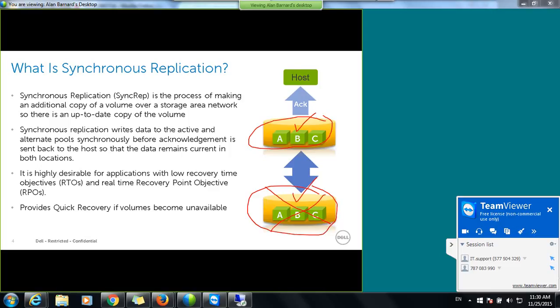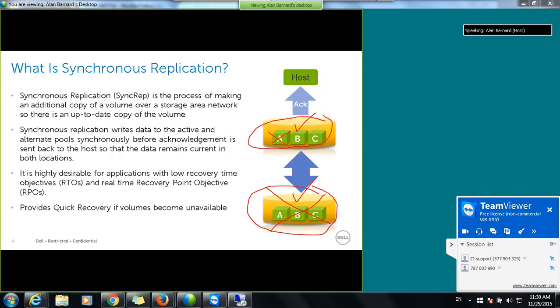Correct. Let's say something happened on the first site, for example you deleted the first volume on your primary site. Then on your secondary site, the volume will also be deleted, right? Yes, correct.